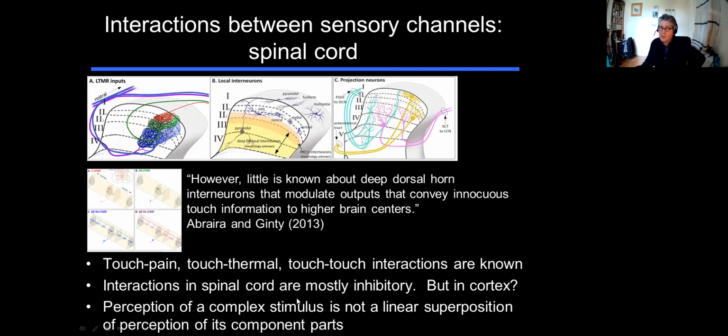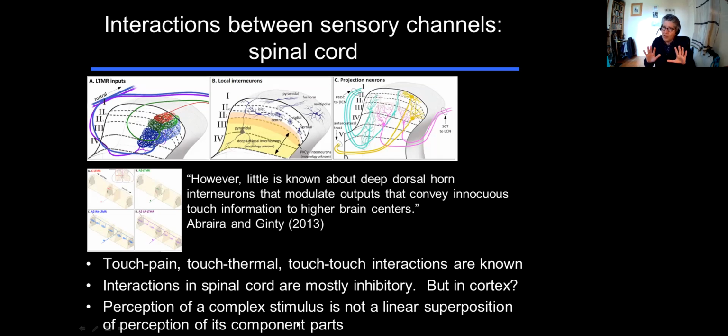So most of these interactions are inhibitory in the spinal cord. There are probably lots more interactions in the brain where they might well be excitatory, but at least in the cord, they're inhibitory. This is really important in terms of perception, because it means that if you have a complex stimulus, for example, one which has touch and temperature, slow touch and fast touch, touch and pain, then what reaches the brain is not simply a linear superposition of the component stimuli.